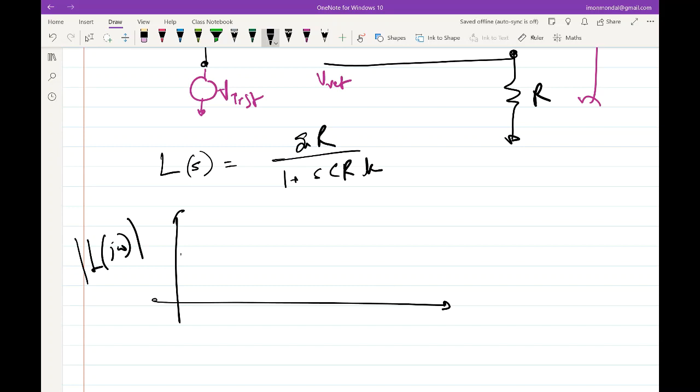It will be constant, and this constant will be GMR, right? Then it will hit a pole. Where is the pole? And after that, it degrades by 20 dB per decade.